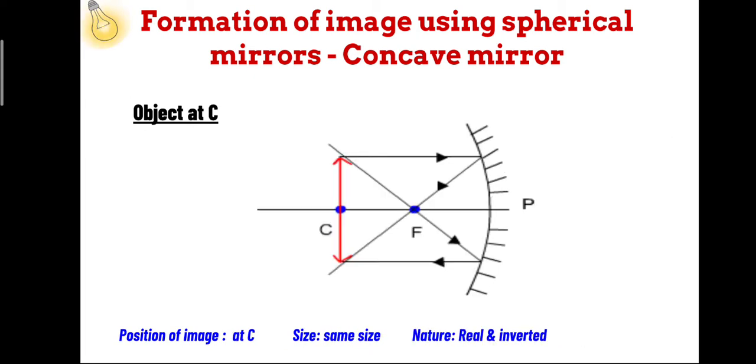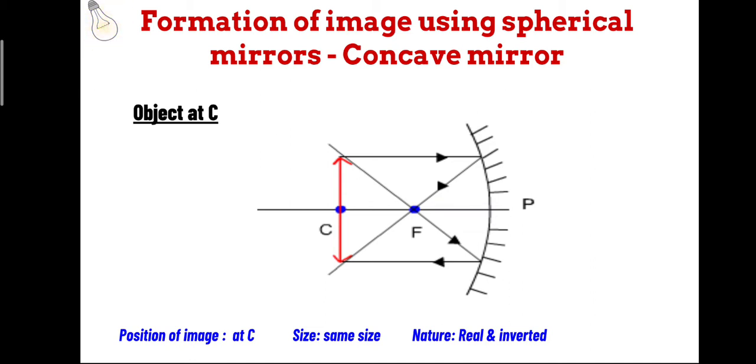Similarly, following the rules of the formation of image, we move further saying that the object is placed at C. This position is very important because we get the object and image of the same size, and the position of the object and the image remains the same here.